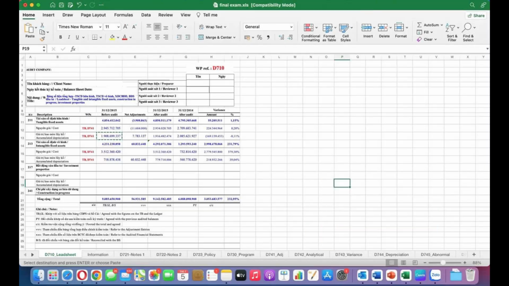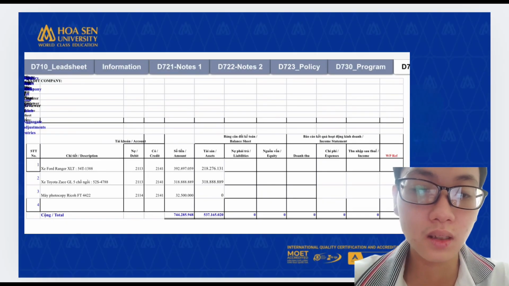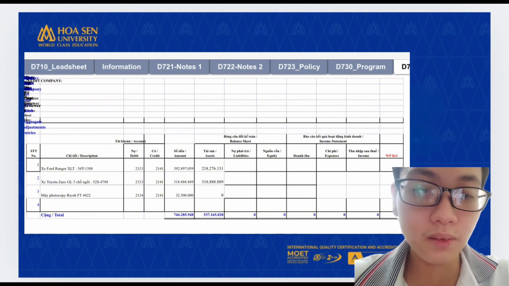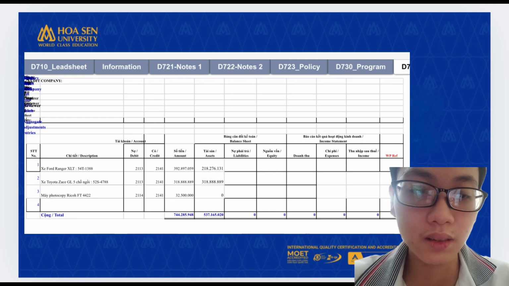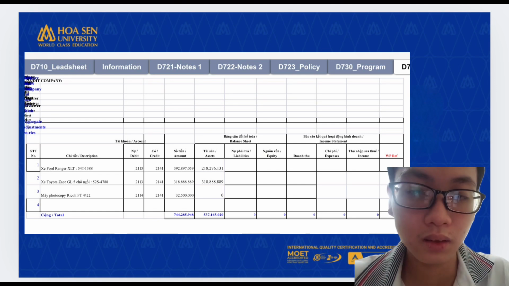Thank you. Hello teacher, I would like to go through the detailed table of fixed assets recorded during the period. Line 1, Ranger XLT with license plate 54 to 138AA.